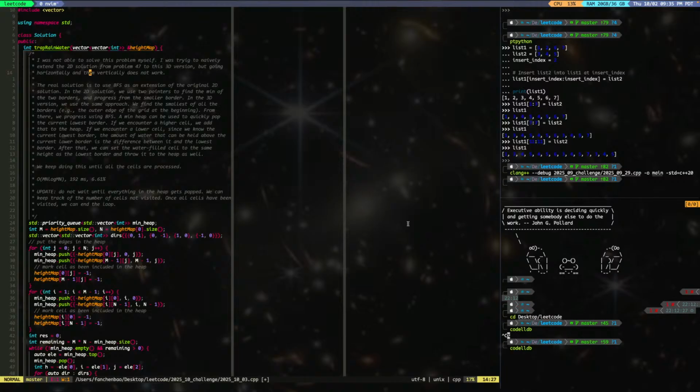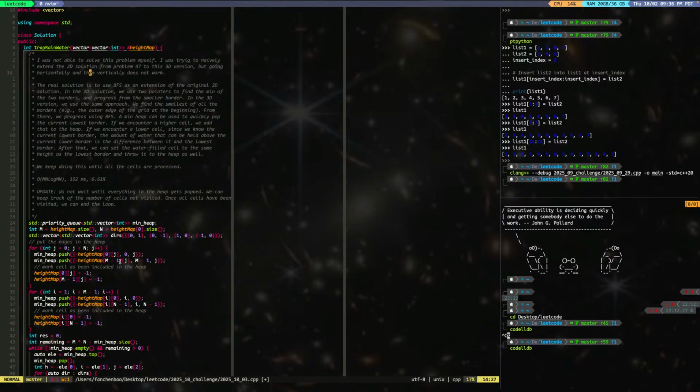So we go j is 0, j is smaller than n, so we are going through all the columns, and then 0, j is the first row. Okay, this is the first row.